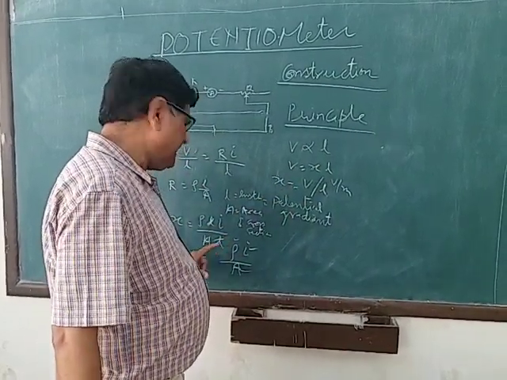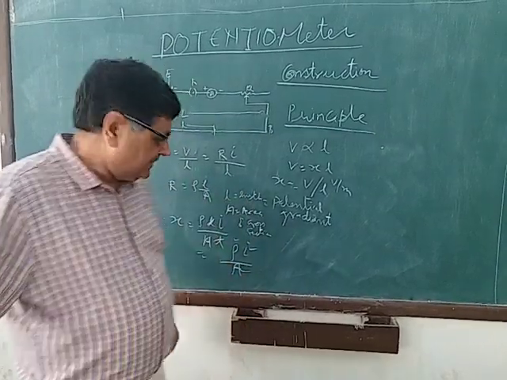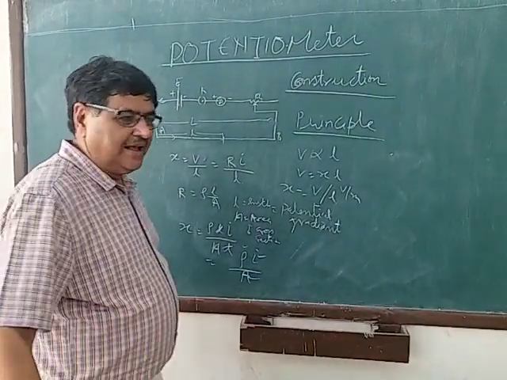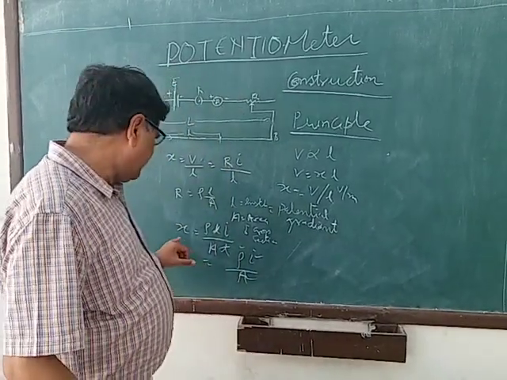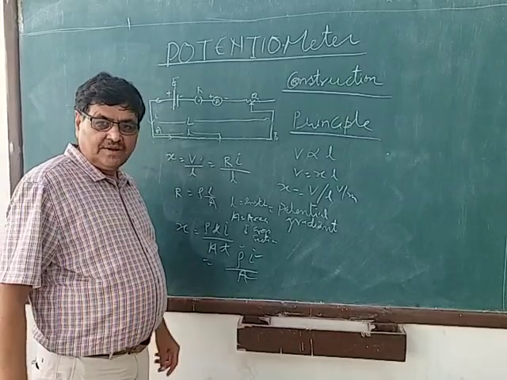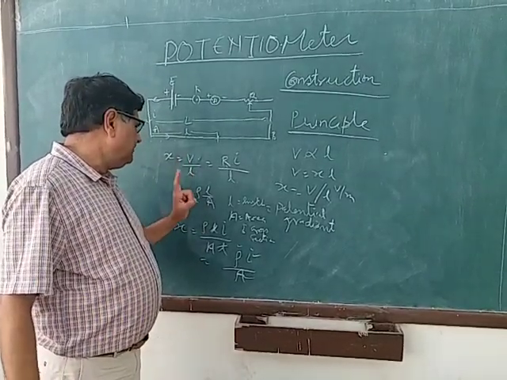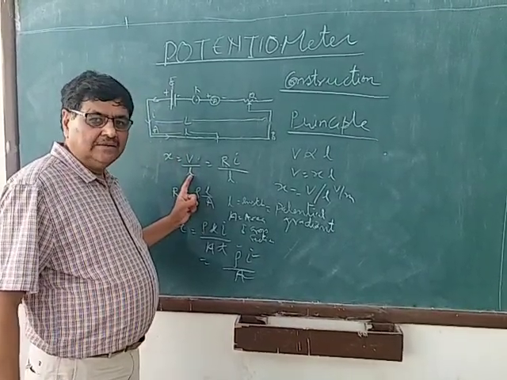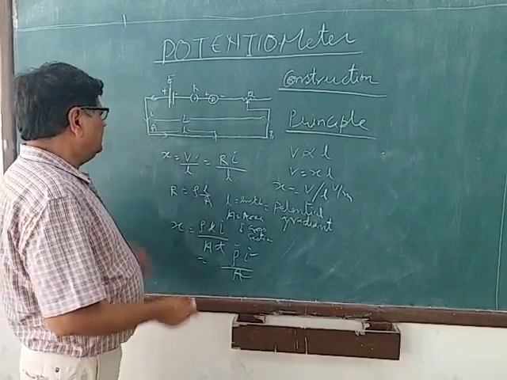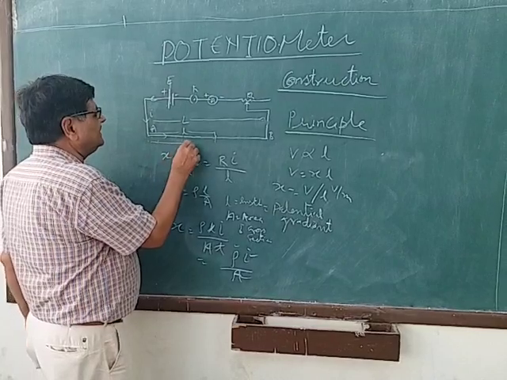I needs to be kept constant. So this is X. Now on what factors does X depend? Potential gradient depends only on V and L. Now see, X is equal to V by L. V is the potential difference here.